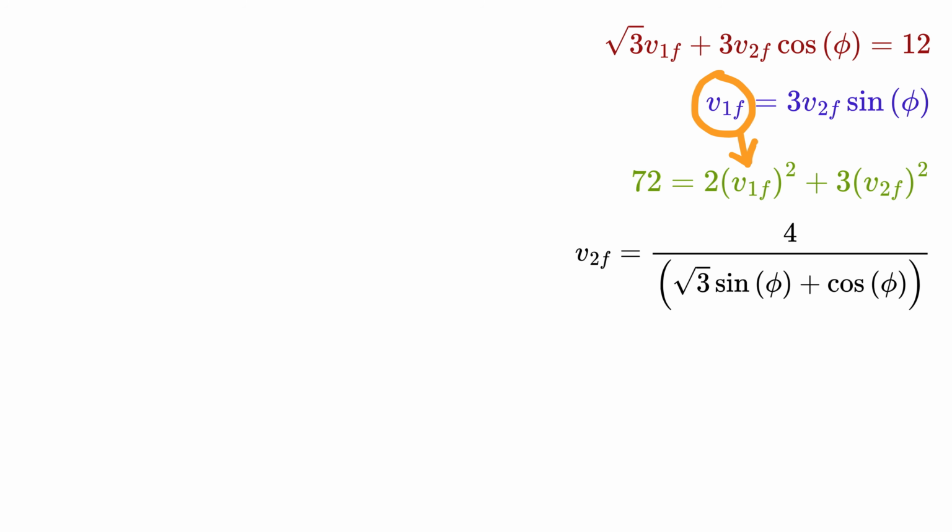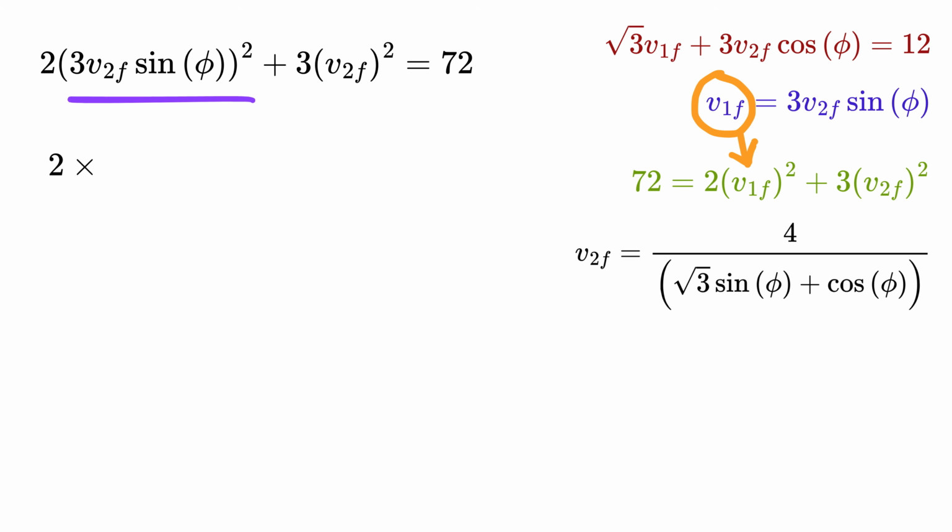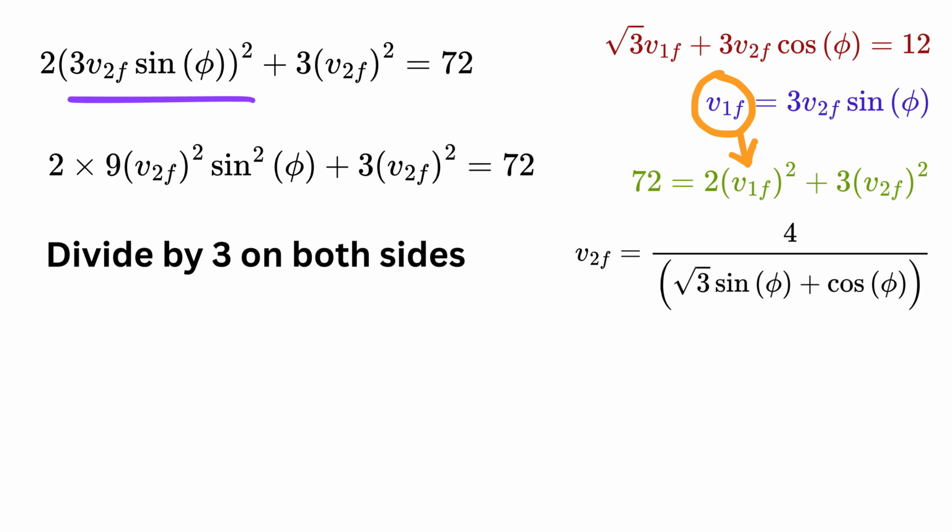Again, substitute this v1f here to get 2 times this square plus 3 v2f squared equals 72. Expand this to get 2 times 9 v2f squared times sine square phi plus 3 v2f squared equals 72. Divide by 3 on all sides to get 6 v2f squared times sine square phi plus v2f squared equals 24.